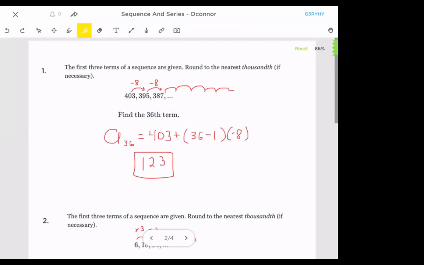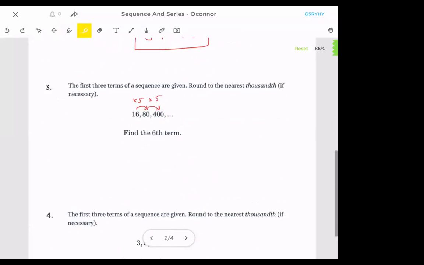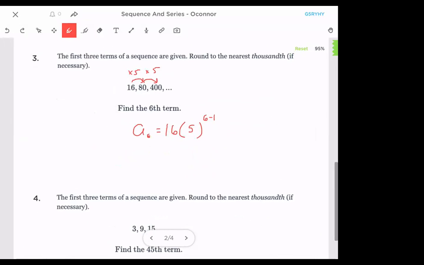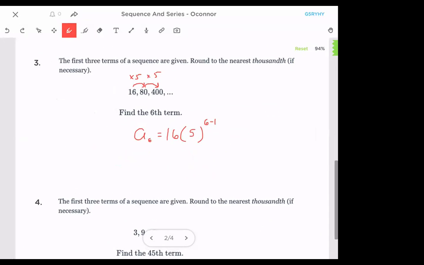So the geometric sequence formula: I'm finding a sub 6, meaning the sixth term. That's going to be a sub 1, which is 16, times our r value, which is 5, to the n minus 1, which is 6 minus 1. So on my calculator, I'm going to do 16 times 5 to the 5th.